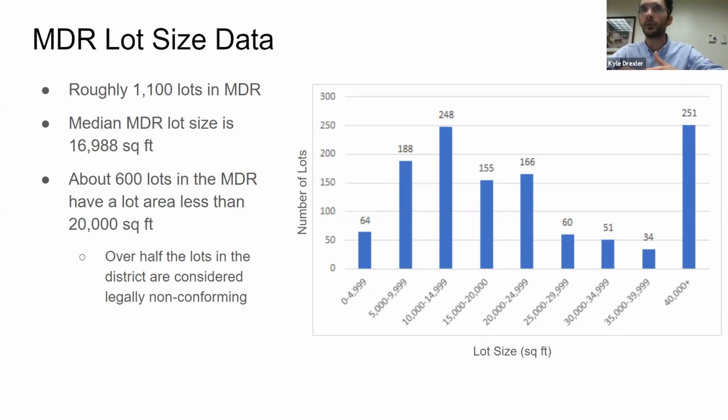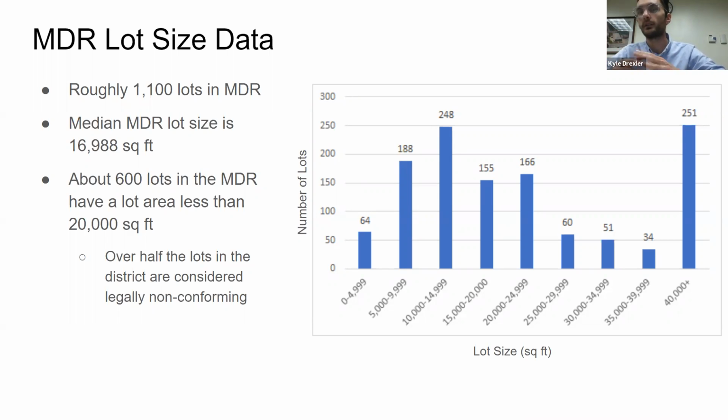But the concentration of most of the lots is in that 5 to 25,000 square foot range, with a lot of lots in the 10 to 20,000 square foot range, and even the 5 to 10,000 square foot range. So when you look at this, and I think we go into our established neighborhoods in the MDR, whether it's Webster neighborhood or Sailor neighborhood or behind the Village Commercial, that area, a lot of people like these neighborhoods, they enjoy them.